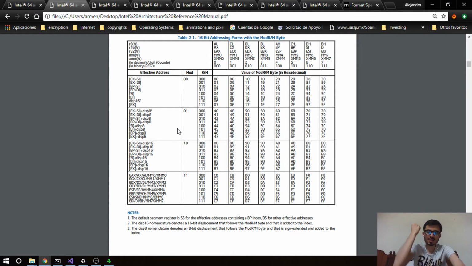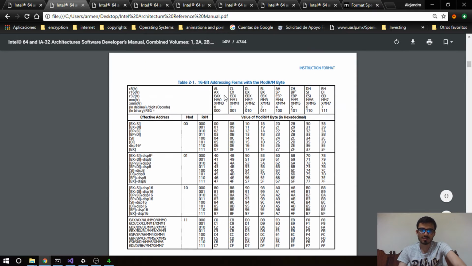So we have a BP index here in the combination.